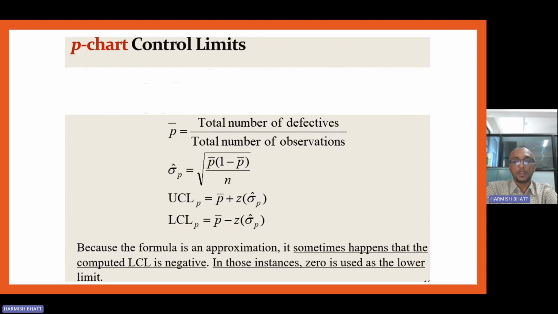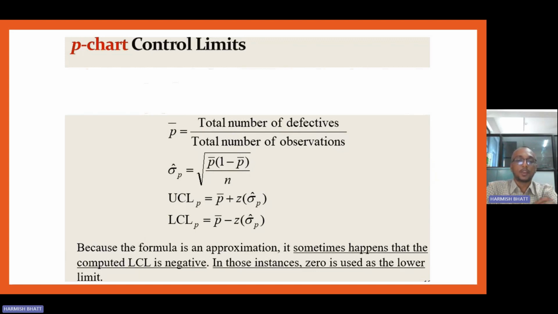The value of Z will be available to you in the data. Because these formulas are an approximation, sometimes you may get the LCL value below 0, that is negative. But the proportion cannot be below 0.